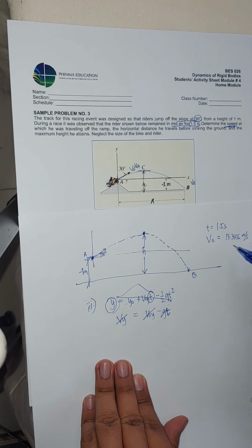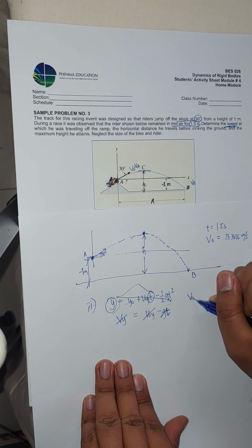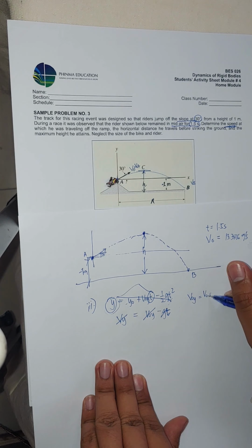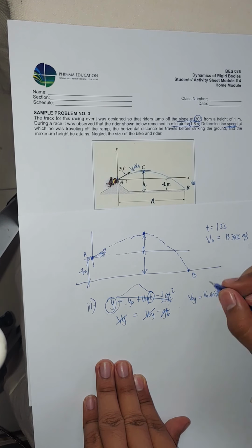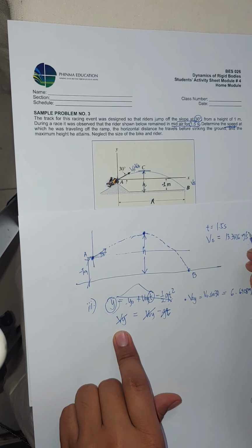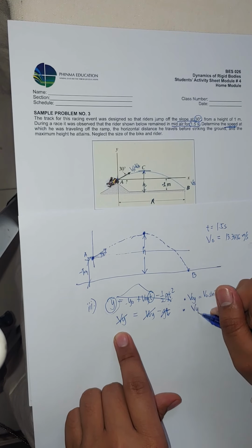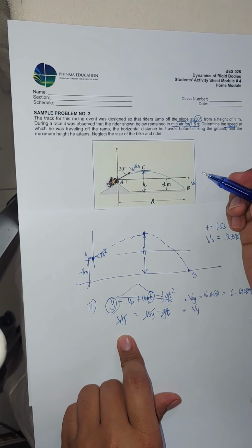So again, our initial velocity along y, VOY, is equal to VO sine 30, which is equal to 6.6908 meters per second. Our gravitational acceleration is 9.81. So what is Vy at this point?